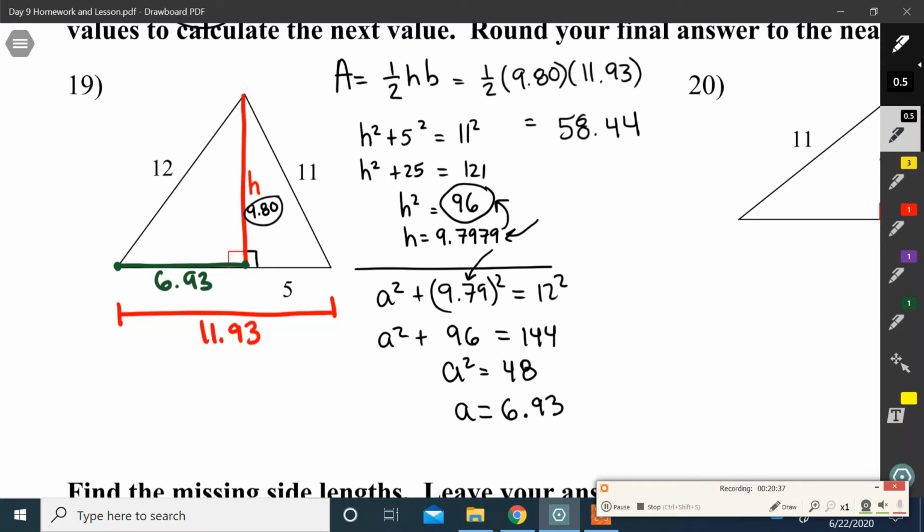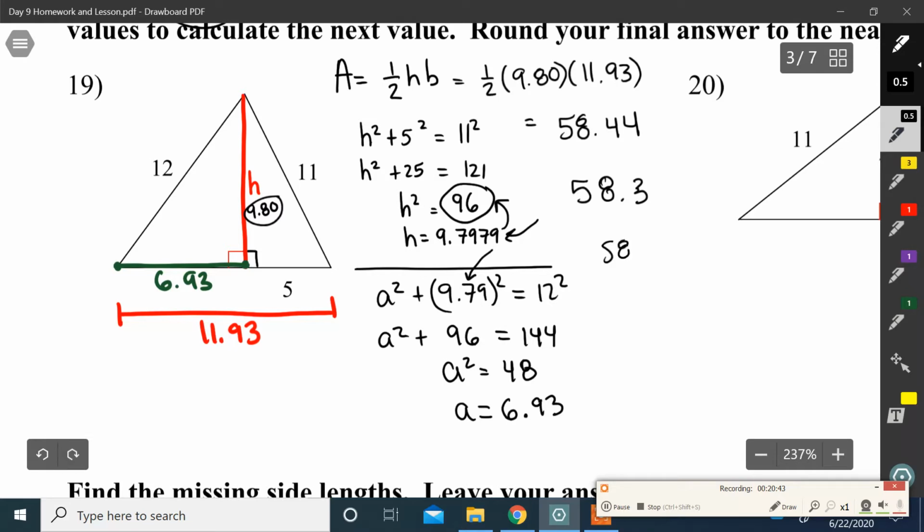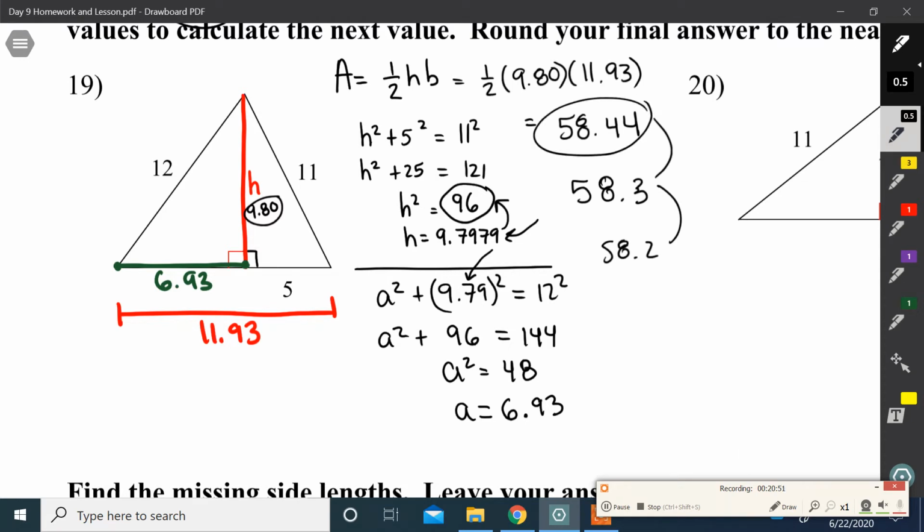Okay, now some of you might get other numbers. You might get something like 58.3 or 58.2. As long as you are close enough, you should be able to get the answer. Okay, when I did the quiz on Canvas, I made sure that when you plug those numbers, you were gonna get the right answer, because that is the right answer.